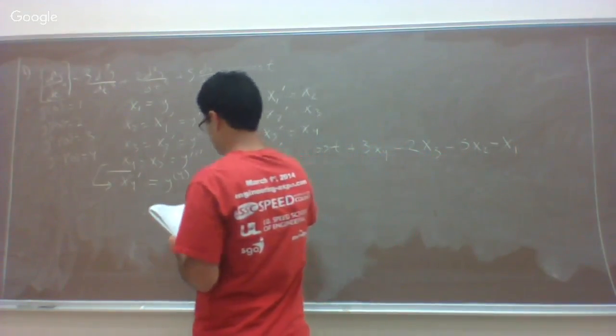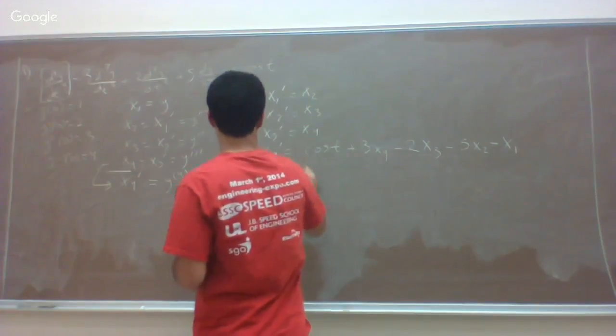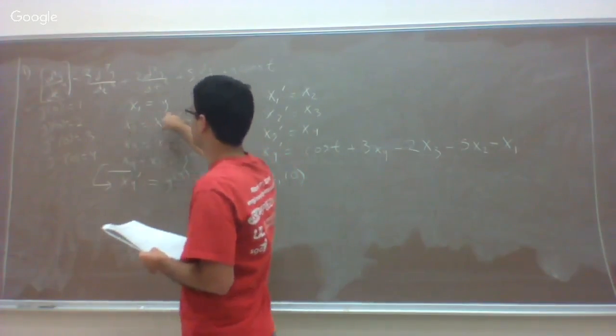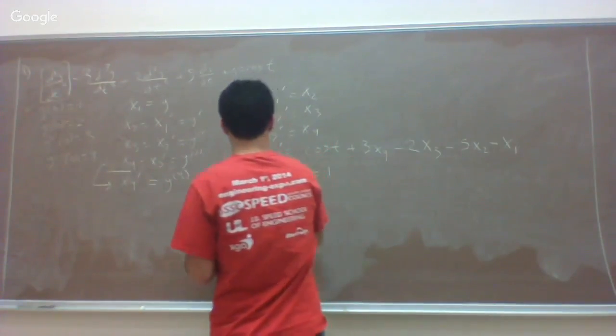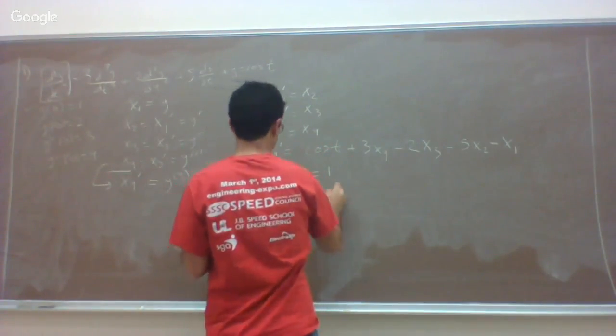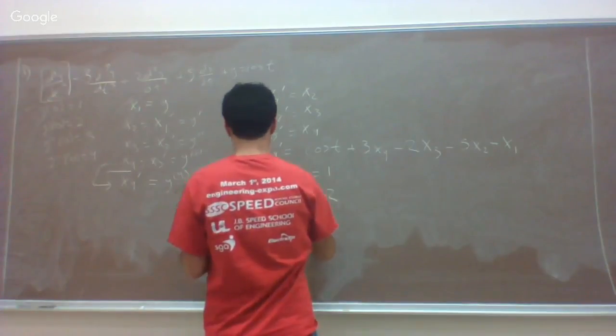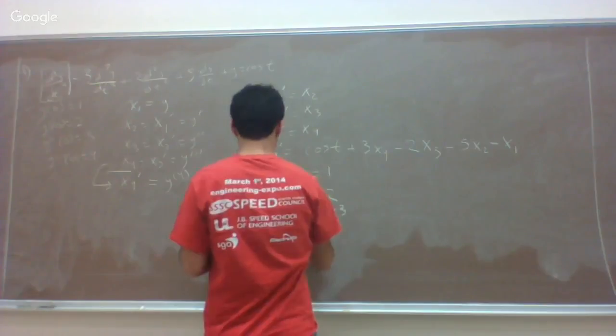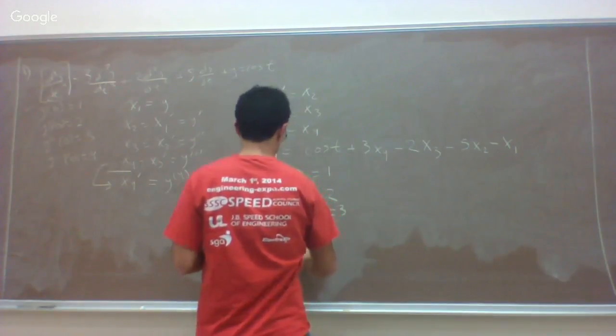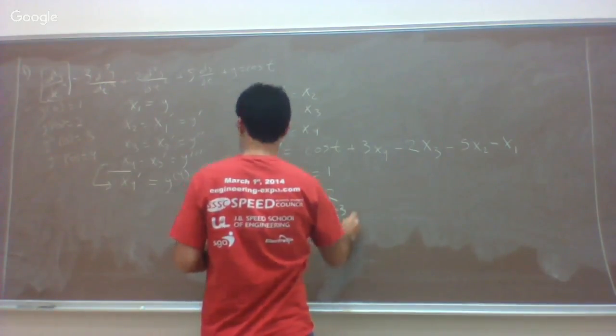and then my x1 of 0, x1 is equal to y, which is y of 0. So this is equal to 1, x2 of 0 is equal to 2, x3 of 0 is equal to 3, and x4 of 0 is equal to 4.